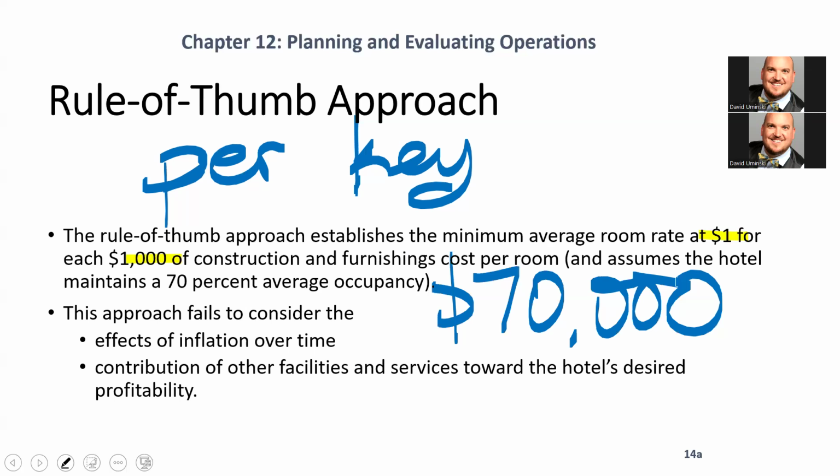For every $1,000, we charge $1. That's the rule of thumb approach. So think about these hotels that are charging $350, $400, $700 a night for their room. That tells you the luxury of the amenities and the fixtures and the construction of those rooms.